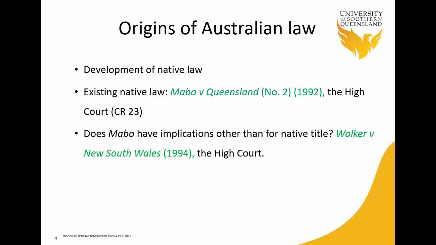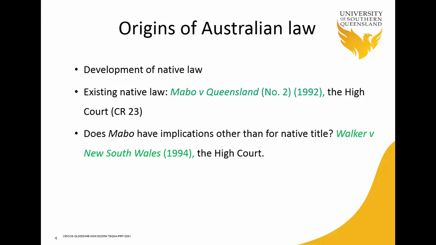As we said, we finally recognized that in Australia there was an Aboriginal organized society, and that they had a legal system, and that legal system was a sophisticated legal system in the sense that they also had criminal law as part of their legal system. So that's why we call it Aboriginal customary criminal law. And they wanted to know in Walker whether that, of course, would also be possible to recognize in Australia.